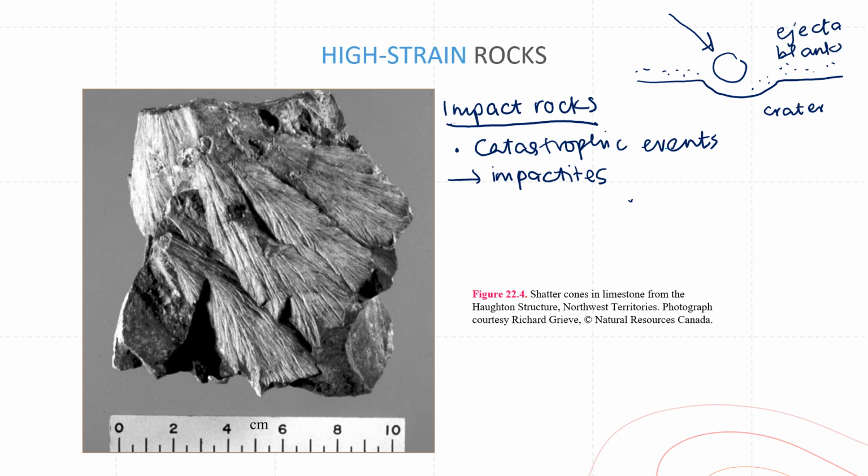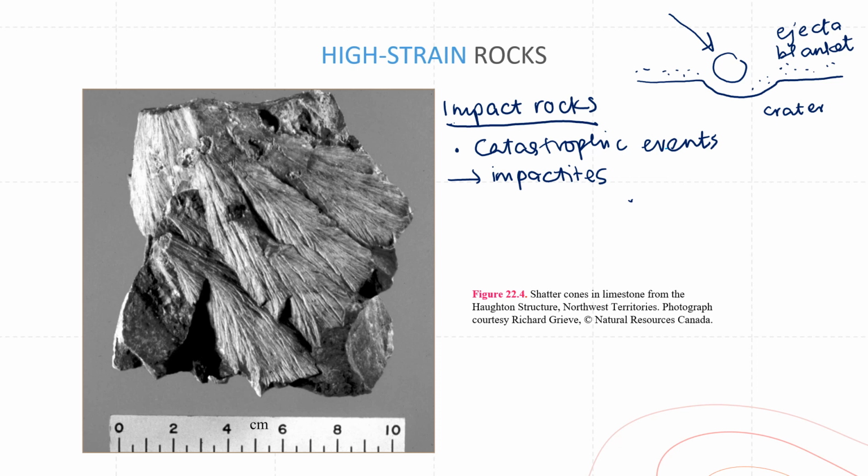So this is typical of impact rocks in the field. So you would also find shocked crystals and also probably some amorphous glassy phases, and high pressure silica polymorphs such as coesite and stishovite may be present.